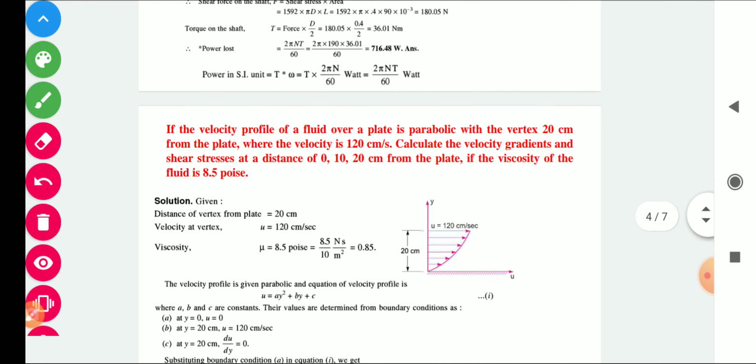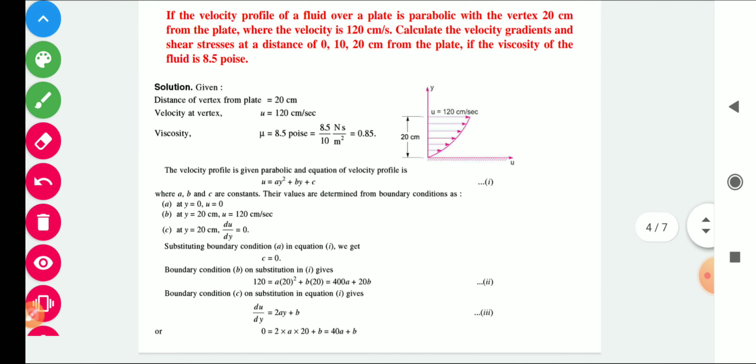Now moving to the next problem. In this problem, the velocity profile of a fluid over a plate is parabolic, with the vertex 20 centimeter from the plate, where the velocity is 120 centimeter per second.